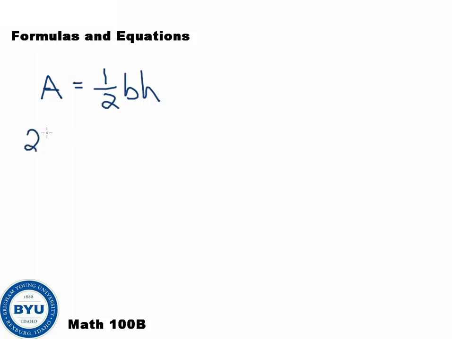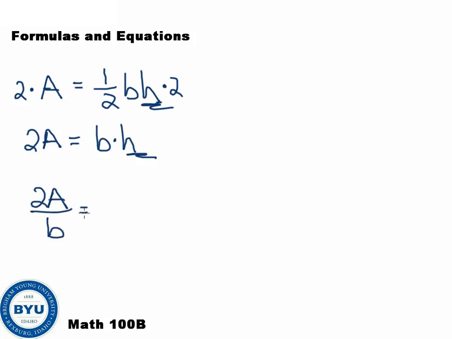If you multiplied both sides by 2, so we times this side by 2, times this side by 2, we get 2a equals b times h. And again, if we're solving for h, we would just divide by b, and our final answer would be 2a over b equals h. So that's the area formula of a triangle solved for the height.